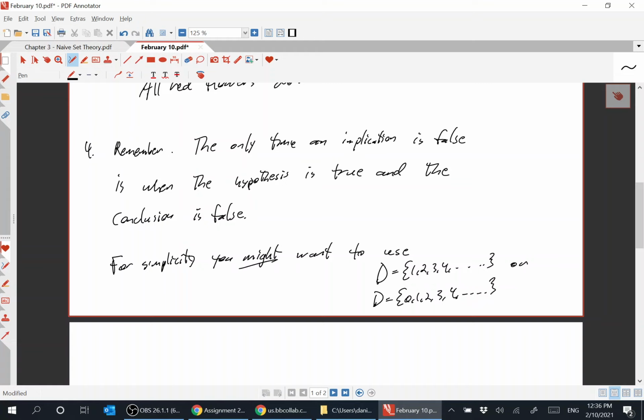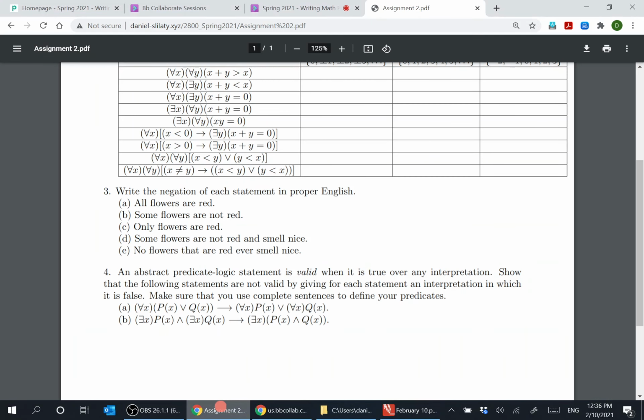You can use the whole universe if you want, or some other domain, but you have to be really careful about what you're going to say. So you must make the hypothesis true and the conclusion false.